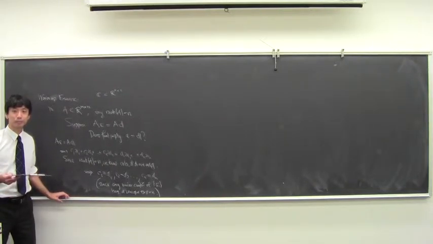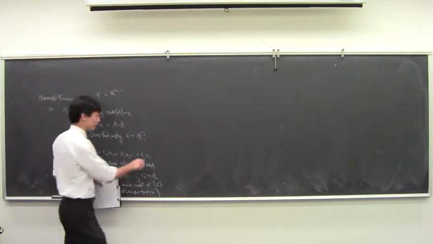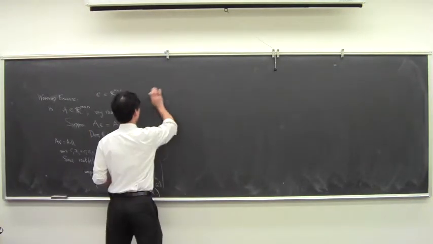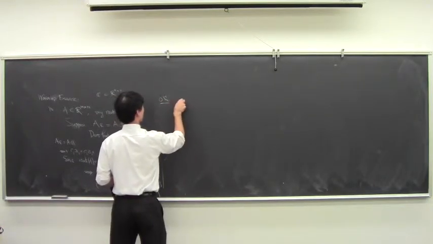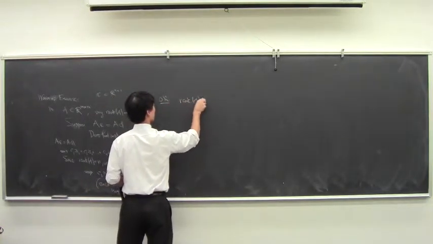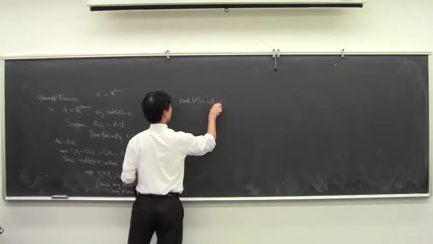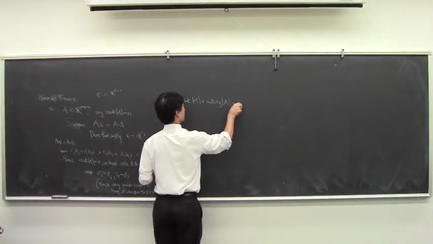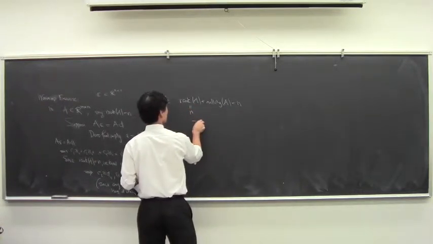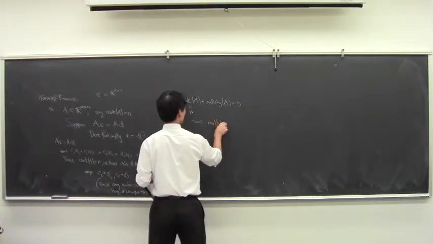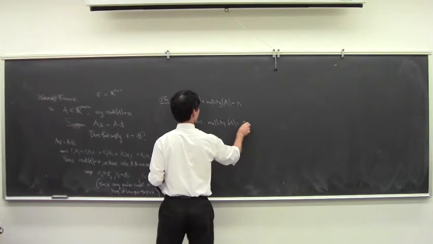Well, we know that by the rank theorem, rank plus nullity equals the number of columns, which is n. And the rank is n, so that tells us that the nullity is 0.